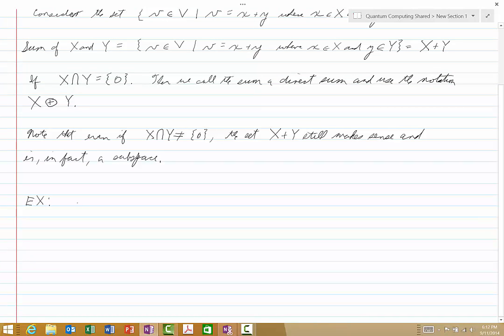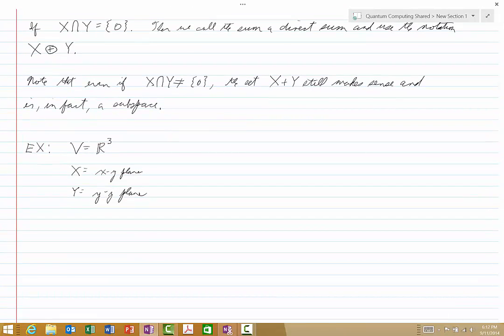okay, this is related to an example we saw in class, but we'll elaborate on it. So for our example, let V equal R3, X equal the xy plane, and Y equal the yz plane. Now, as we observed before when we looked at this example, the intersection of X and Y in this case is the y-axis.